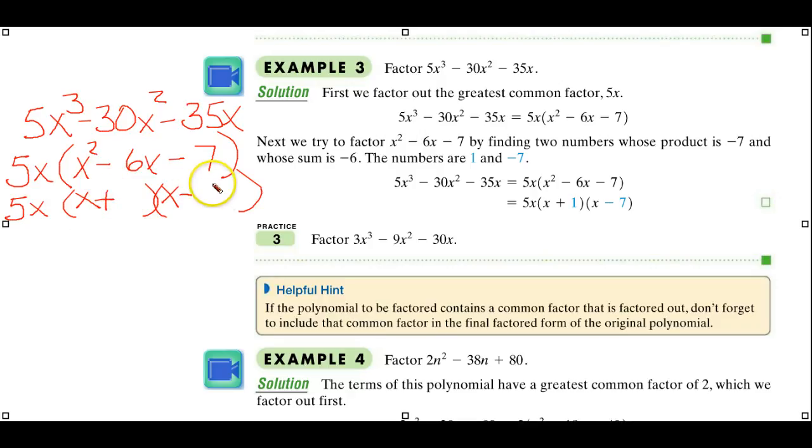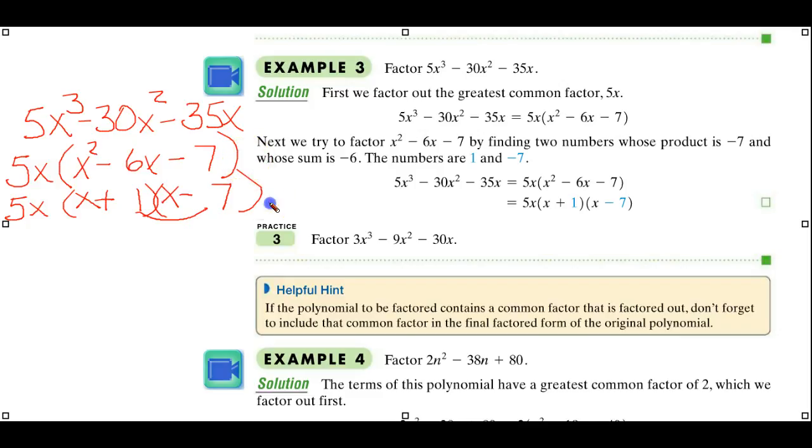Well, if our negative is a 7 and our positive is a 1, notice now our outers are a negative 7, our inners a positive 1 adds up to a negative 6, and then when we FOIL our last, we get a negative 7.